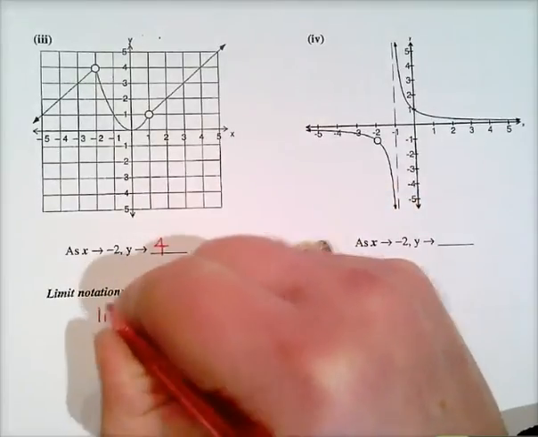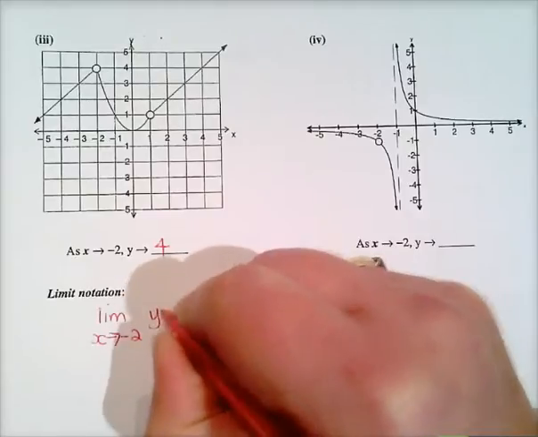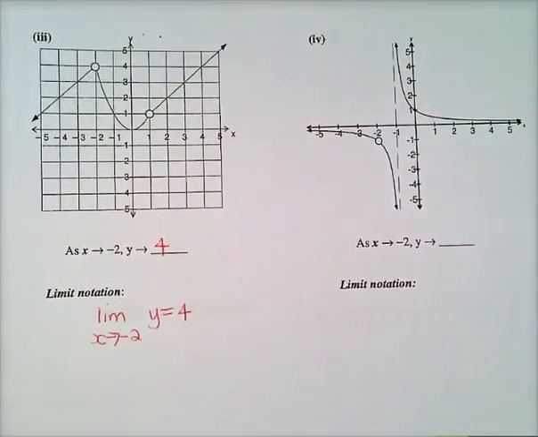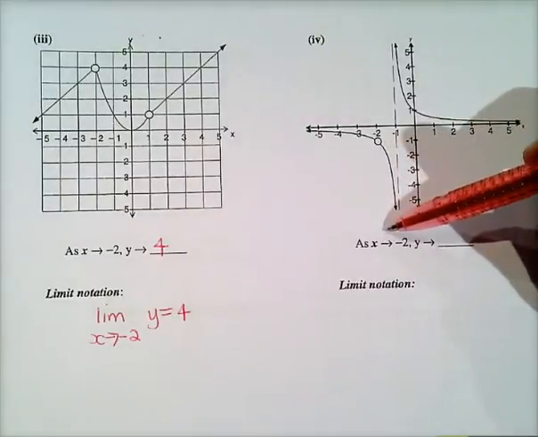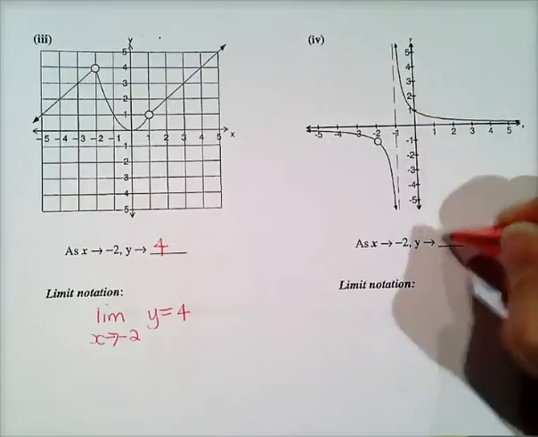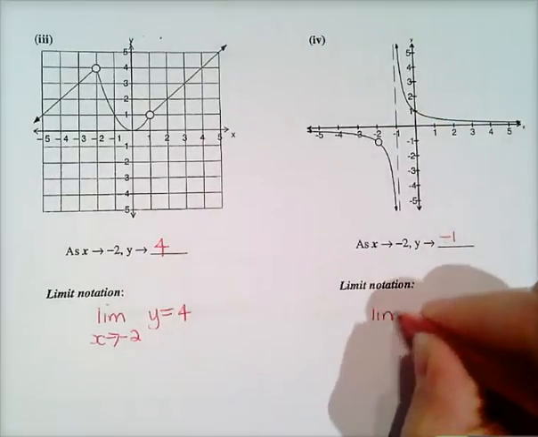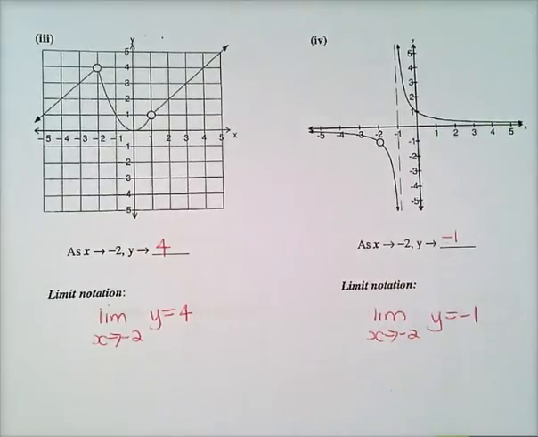Writing that in limit notation, the limit as x approaches -2 is y equals 4. And with the last one here, as x approaches -2, we can see here that y approaches -1. Writing that with limit notation, limit as x approaches -2 is y equals -1.